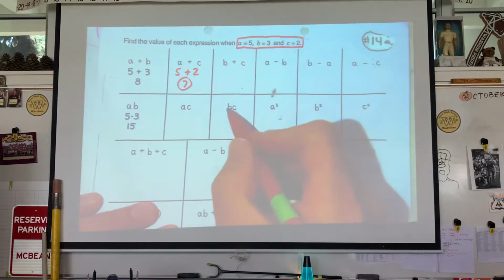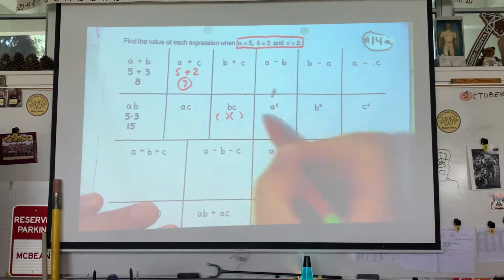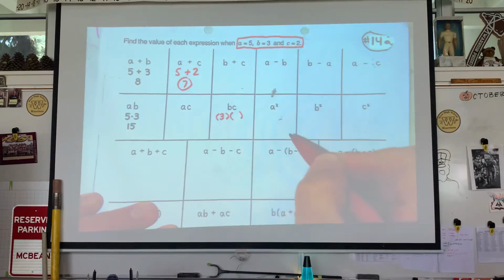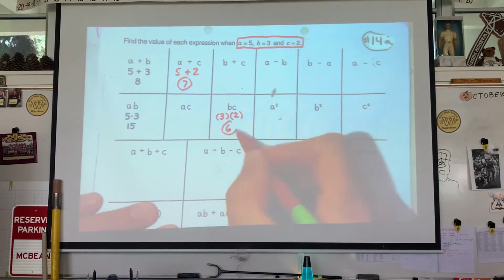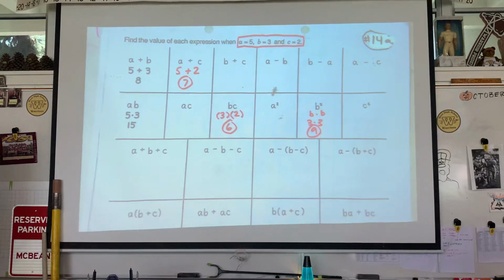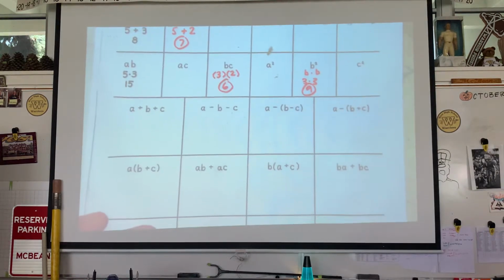Let's come down here. BC, I know that in this case, I may have to plug in with some parentheses. Let's put a 3 right there, and let's put a 2 right there. 3 times 2 is 6. I also know that b to the second power is b times b, and 3 times 3 is 9. Okay, just an example. Let's move on.